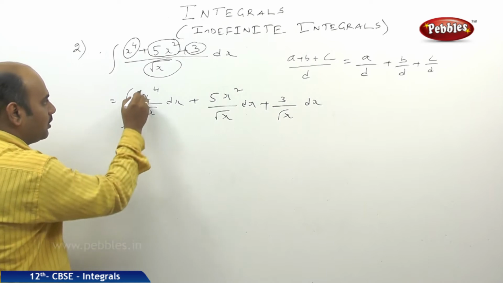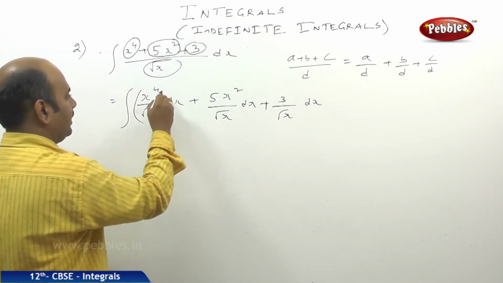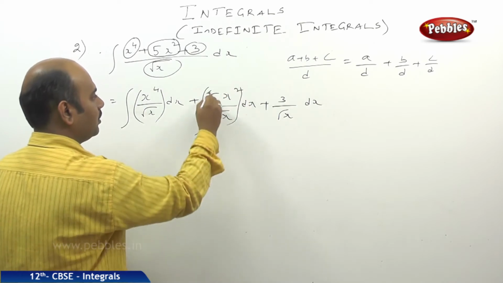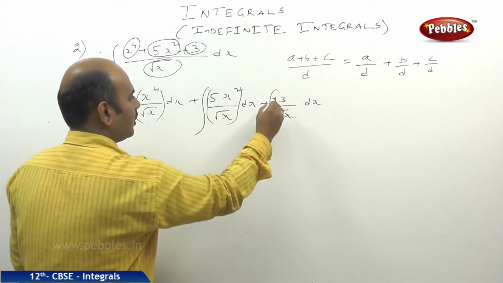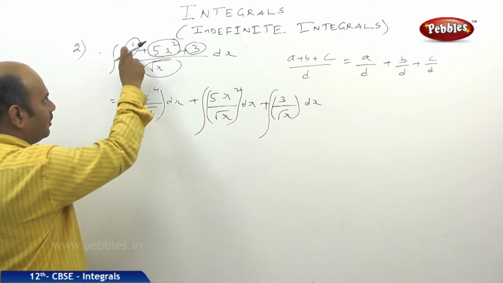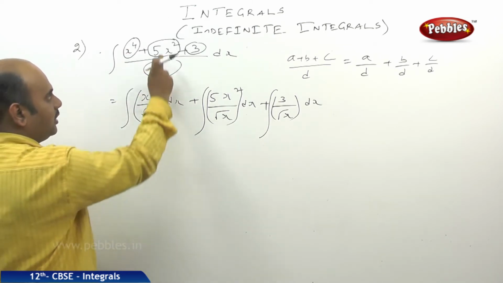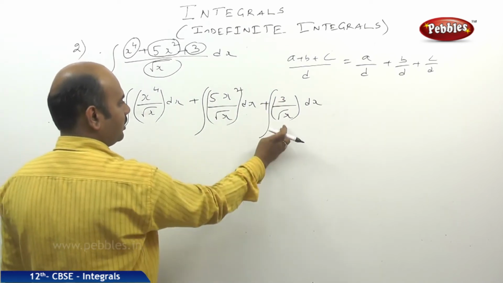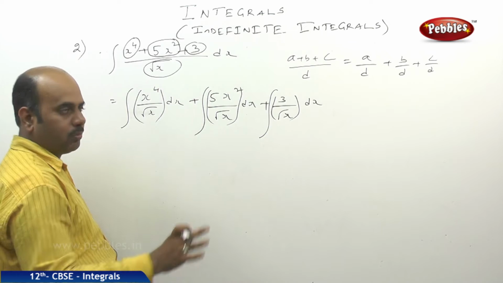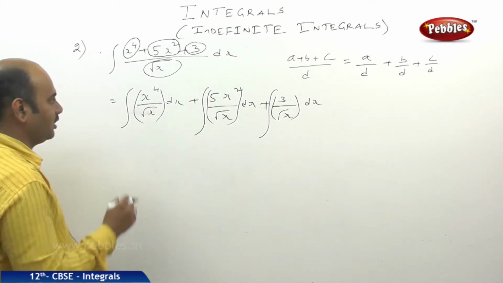Finally, if you observe carefully, I can apply the integration now. Why? Because of the algebraic properties, I think you are clear. x power 4 by root x dx, 5x square by root x dx, 3 by root x dx, I can apply integrals individually because of the algebraic properties of integrals.